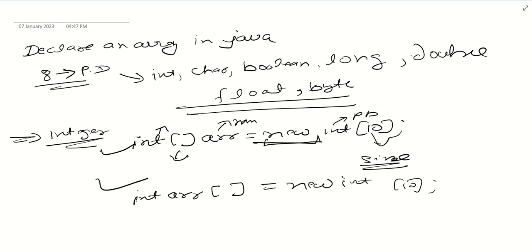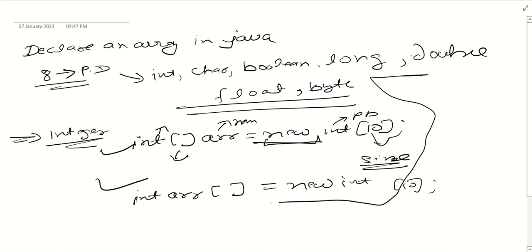Now there is one more way you can declare the array, array literals. Let's say we want to declare an array literal. How will we declare it? In array literals, we declare the array and also assign the elements in the array.